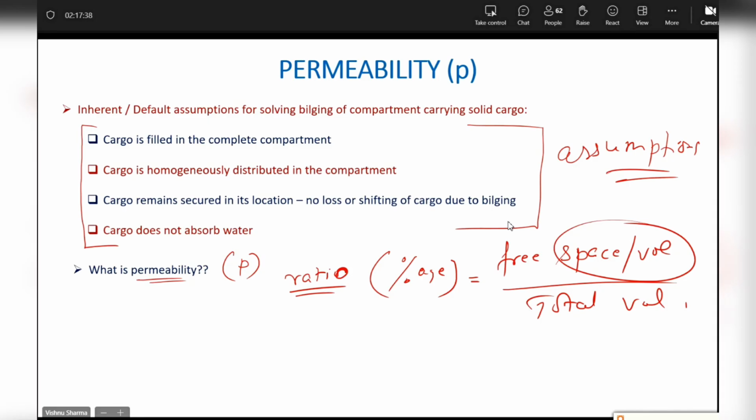That is what permeability means. Is that clear, beta? Yes, sir. Okay, guys, permeability is clear. It represents the free space or free volume which is not occupied by cargo where the water can come in, right?